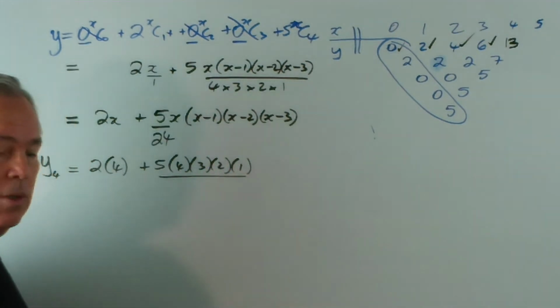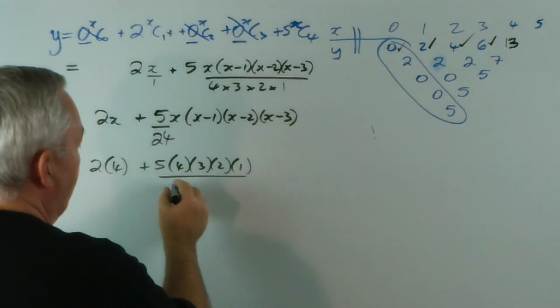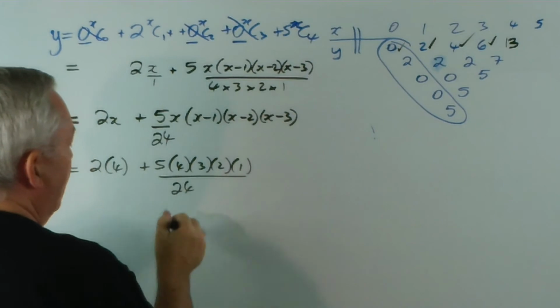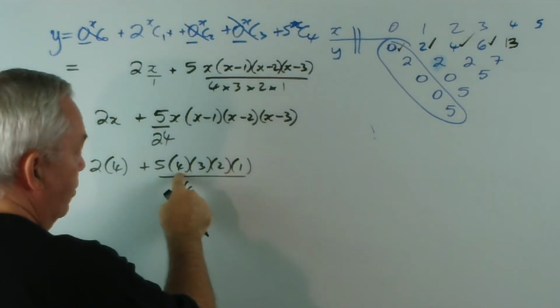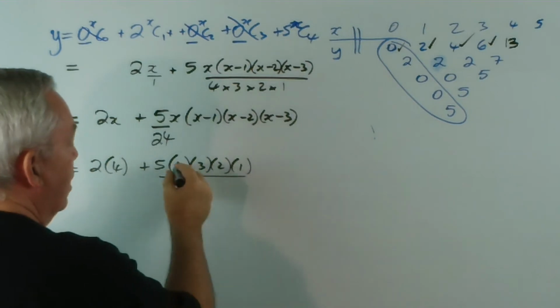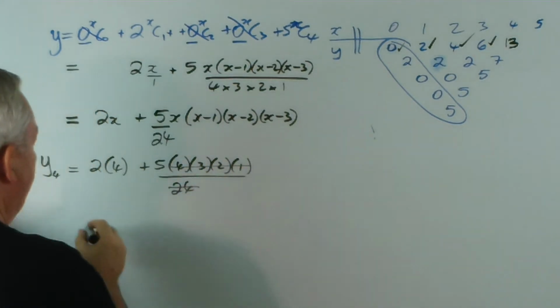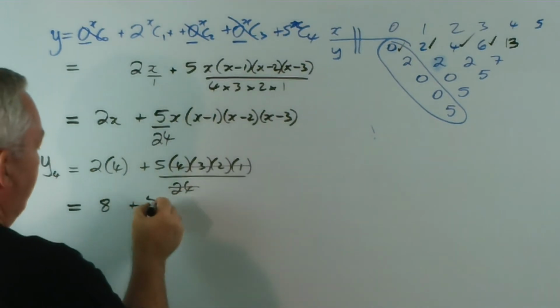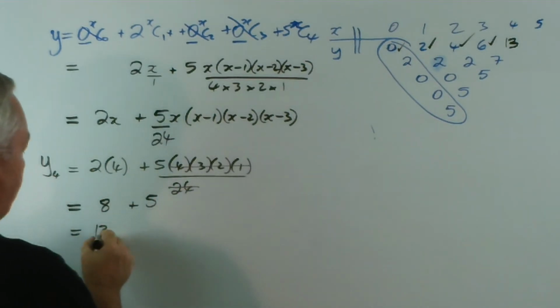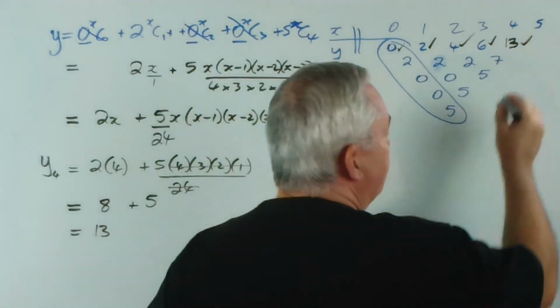This is following the factorial pattern, over 24. Now 4 times 3 times 2 times 1 is 24. 4 3s are 12, times 2. So all of that divides that, and I get 2 4s are 8, plus 5, 13. Look at that.